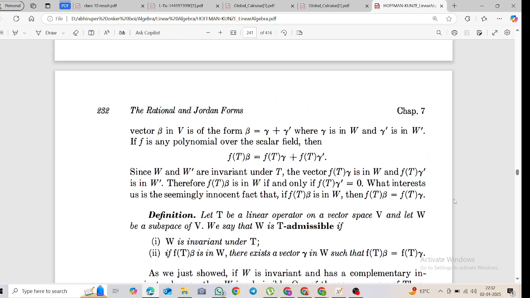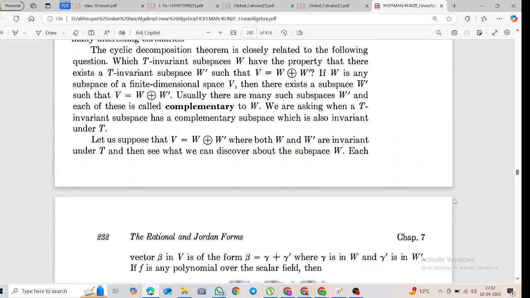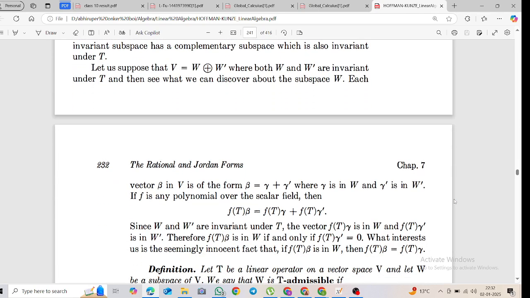So let us suppose that V is W direct sum W prime, and these are both T invariant subspaces of V. See what we can discover about the subspace W. For each vector beta in V, you have gamma and gamma prime in W and W prime.